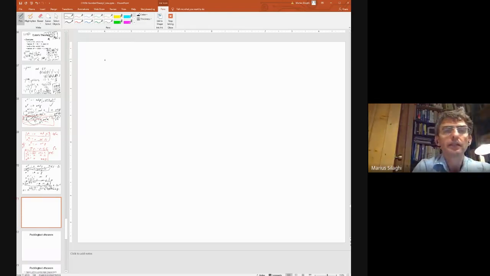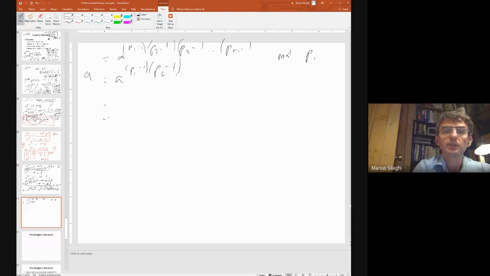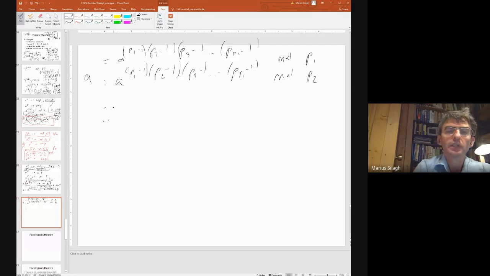A is going to be equal with A at power p1 minus 1 times p2 minus 1 times p3 minus 1 times pk minus 1 mod p1, is equal with A at power p1 minus 1 times p2 minus 1 times p3 minus 1 times pk minus 1 mod p2, equal all the way to A at power p1 minus 1 times p2 minus 1 times p3 minus 1 times pk minus 1 mod pk.